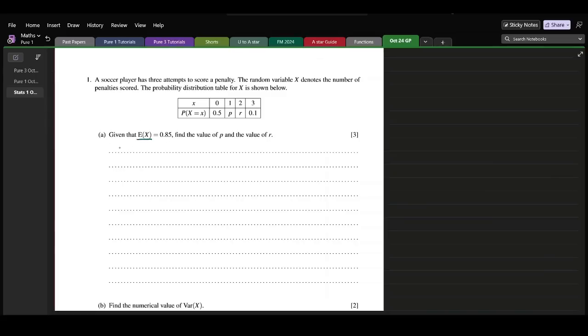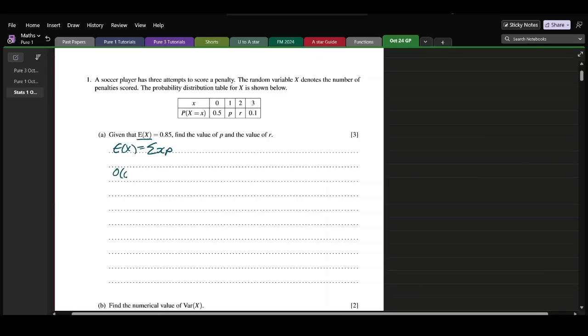So we know that the formula for expectation of x is equal to the summation of x times p. So in this case, that would be 0 times 0.5 plus 1 times p plus 2 times r plus 3 times 0.1, and in this case we're saying this is equal to 0.85.